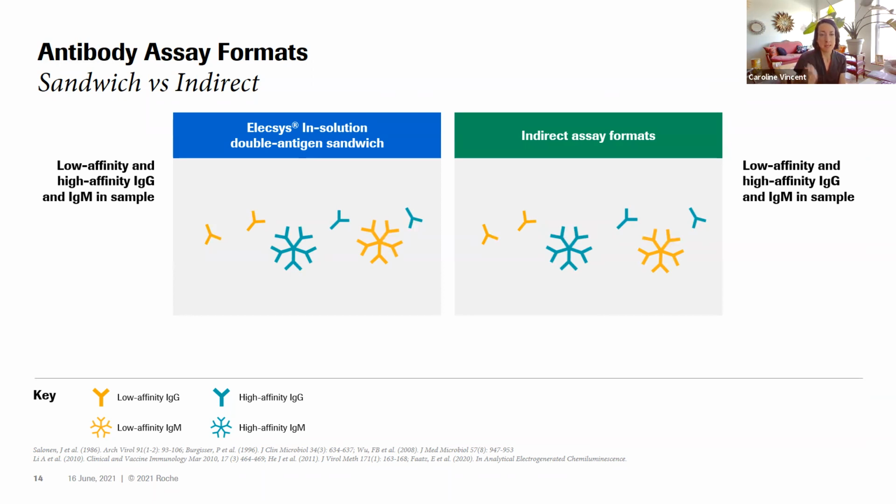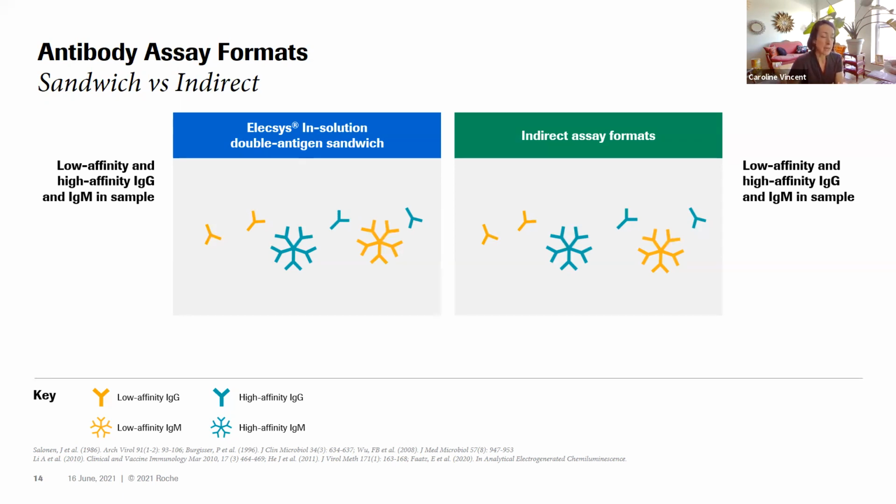And so in the next few slides, I want to show you side by side the main difference between two commonly used antibody assay formats. So on the left, we have the double antigen sandwich assay, which is the format that we use with our Alexis assays. And on the right, we have another commonly used antibody assay format, which is the indirect assay format.